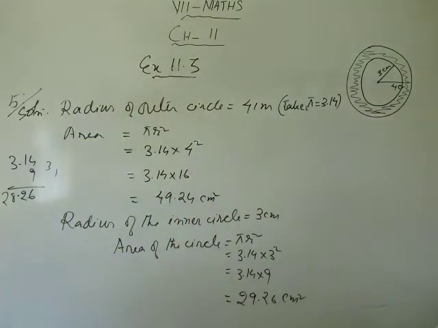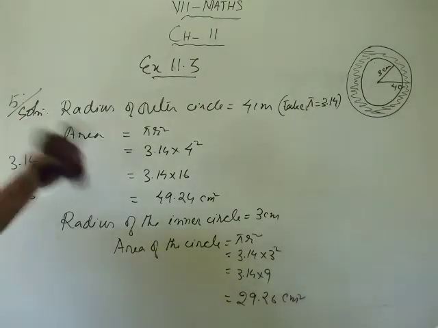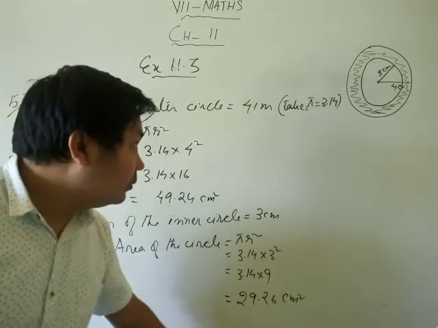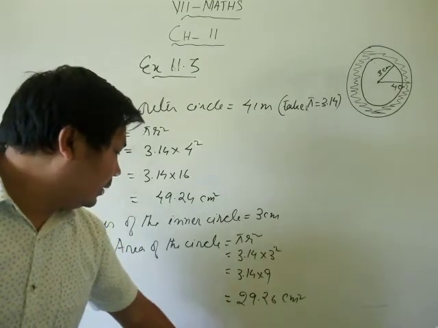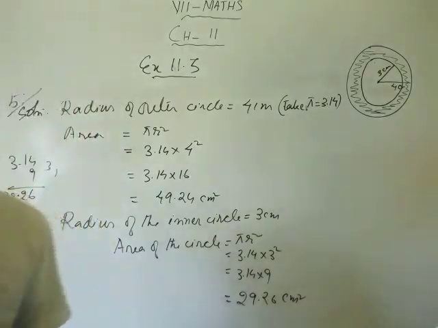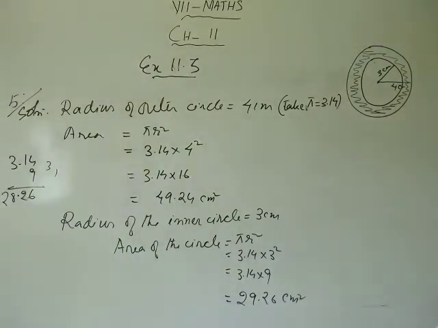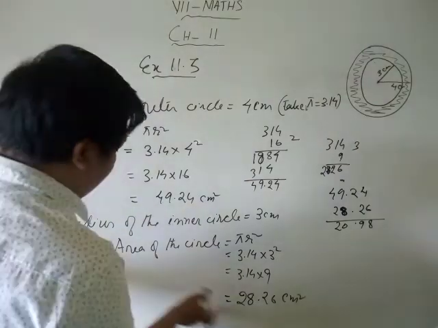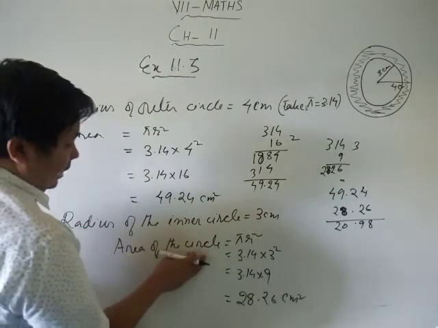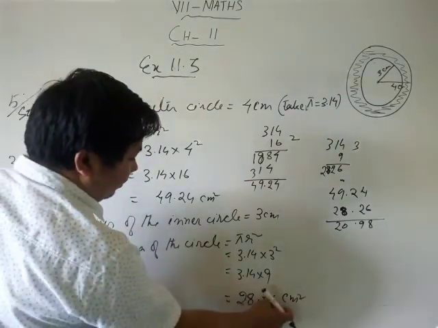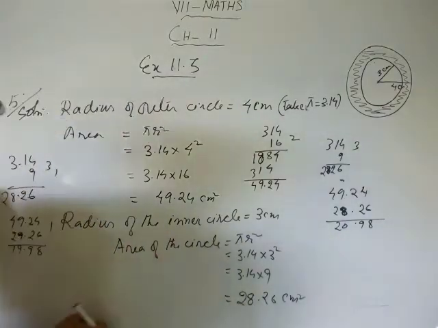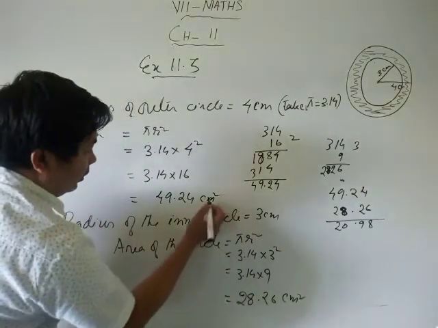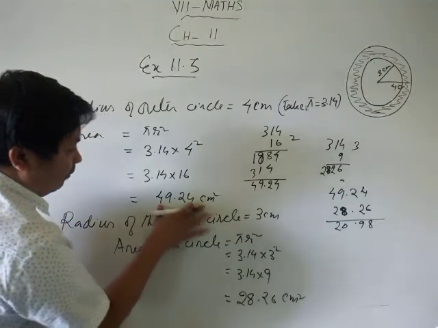Yes. So now we are going to find out the remaining part of this. So my dear student, we get here the area of the inner circle as 28.26 centimeter square, which is going to be subtracted from this 49.24.